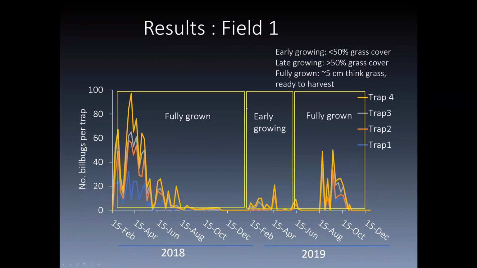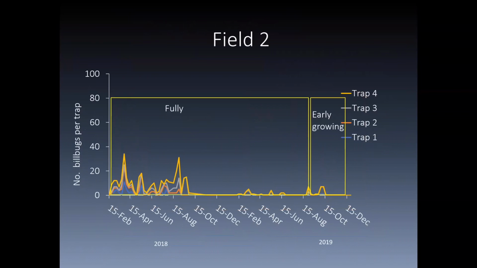If you look into this window, in these boxes, you'll see that the numbers tend to be higher when they are in fully grown stages. That's what we saw here. Looking at the field too, there's a similar pattern: if the grass is in a fully grown state, we are seeing more activity, more numbers.